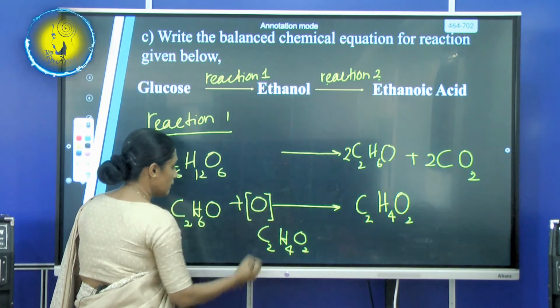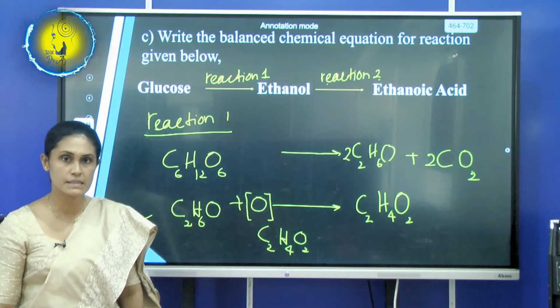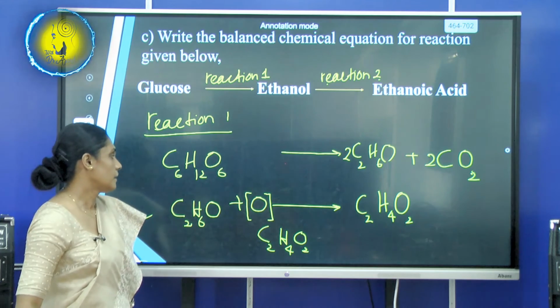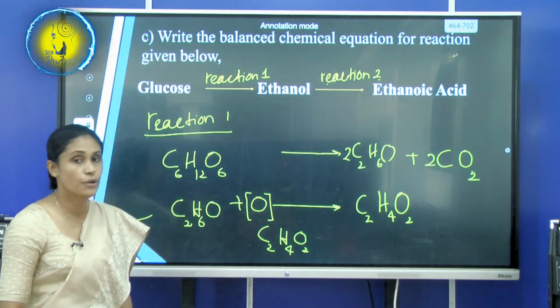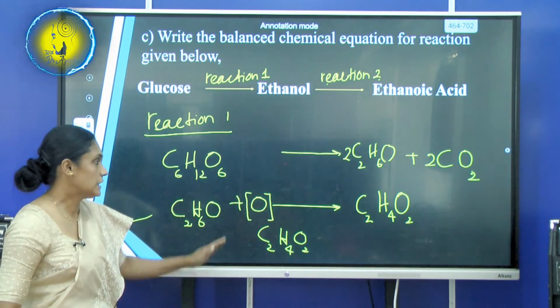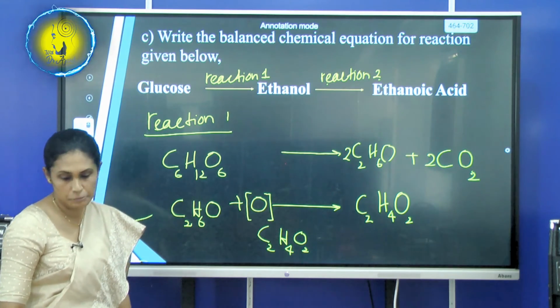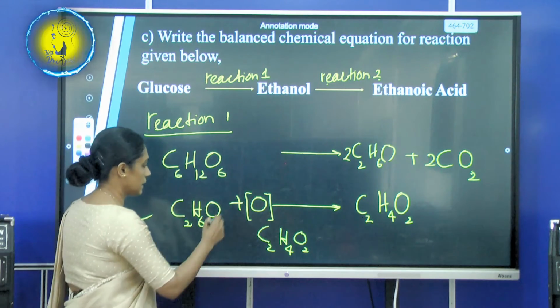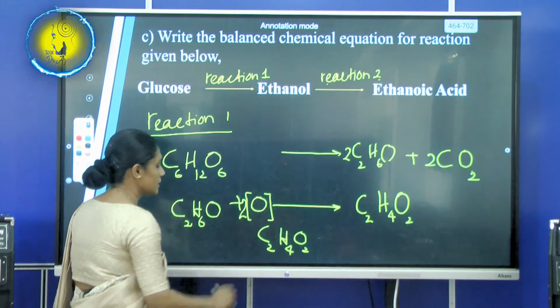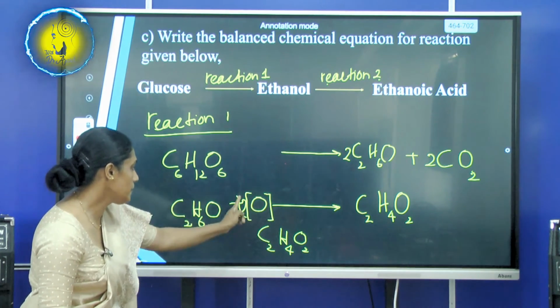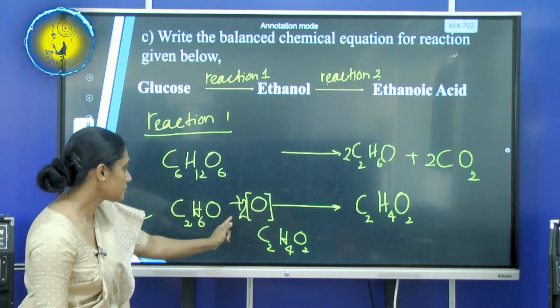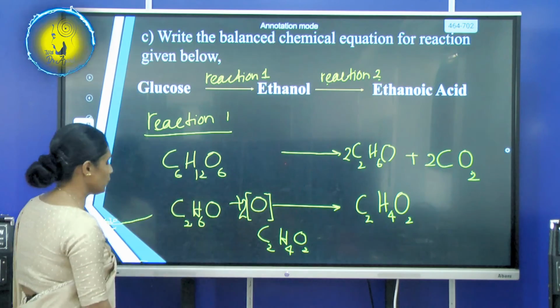This is not a simple process. This is like an industrial process. Therefore, you have to learn this by heart. Not at this level, but in advanced level class, you will learn it, right? To balance the oxygen atom, I wrote 2 here without writing O2.